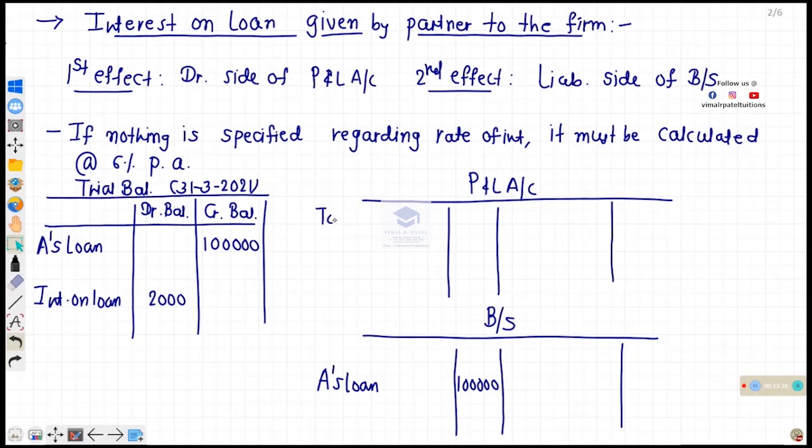Then interest on loan already debited, that is 2,000. Now actually interest on loan will be 6,000. If nothing is specified, it has to be calculated as 6%. So 6% of 1 lakh, that will be 6,000. Then total amount of interest will be 6,000. Out of that 2,000 has already been given. So outstanding interest amount will be 4,000. Second effect will be on the liability side.